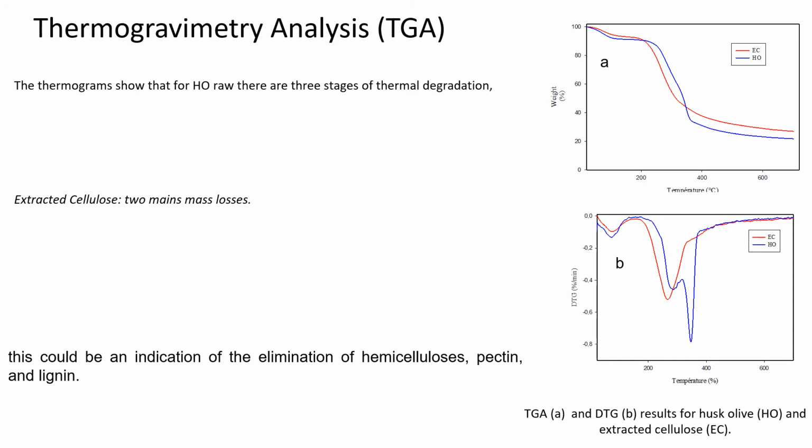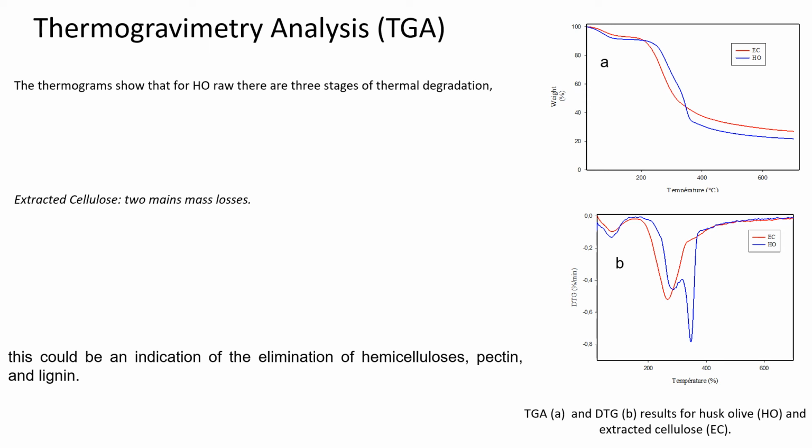The second analysis is thermogravimetry, and the thermogram shows that for olive husk there are 3 stages of thermal degradation. The first phase occurs in the range between 70 and 100 degrees C and is characteristic of the loss of water.